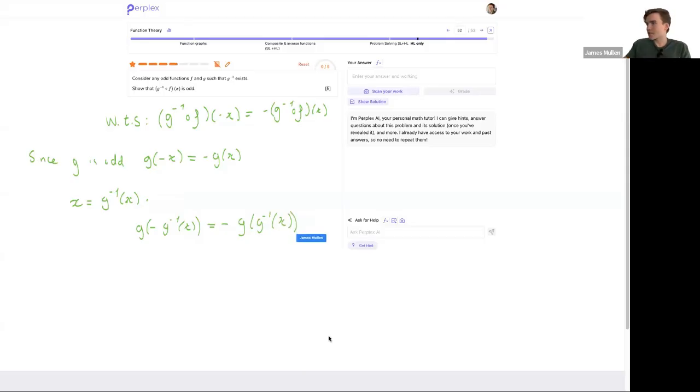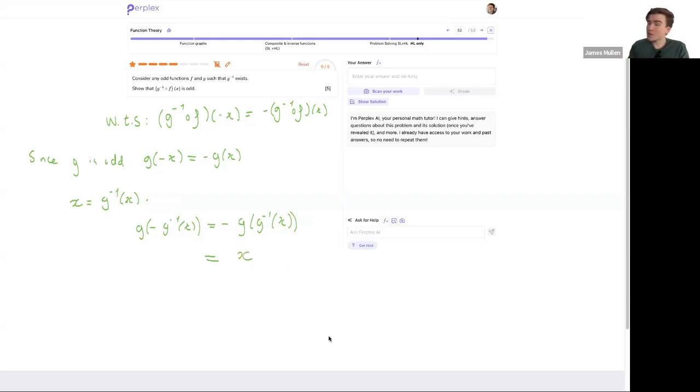All right, so I substitute that in, and I know that on the right-hand side, I have g of g minus 1. This is just going to simplify to give me x.